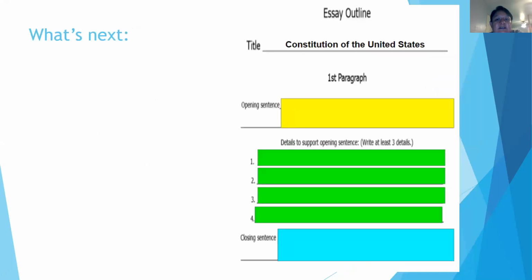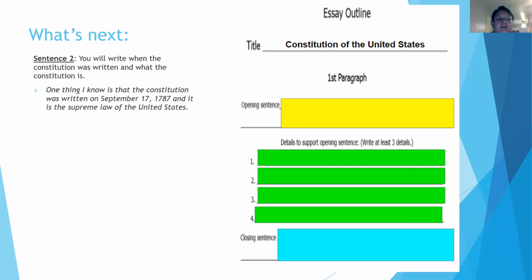What's next? You're still on this essay outline. So sentence 2, you will write when the Constitution was written and what the Constitution is. So we use details, sentence starters. One thing I know is that the Constitution was written on September 17th, 1787, and it is the supreme law of the United States.